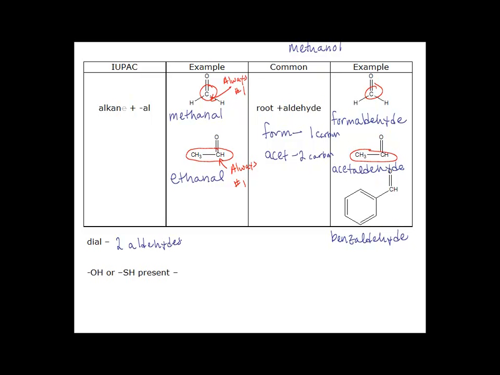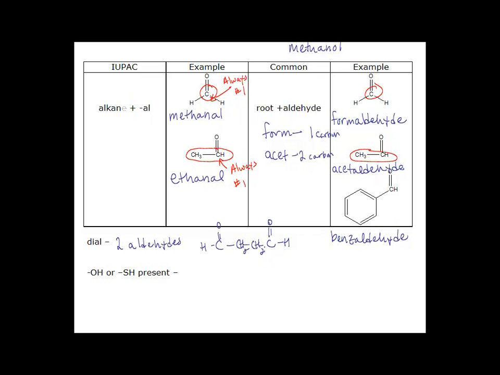So with a dial, you're going to have aldehydes at the end of the molecule. So for instance, this could be a dial. Because the aldehydes are at the ends of the molecule, you don't have to say, give me numbers. You don't have to say 1,4-butanediol.